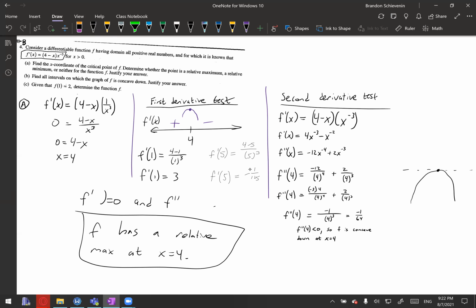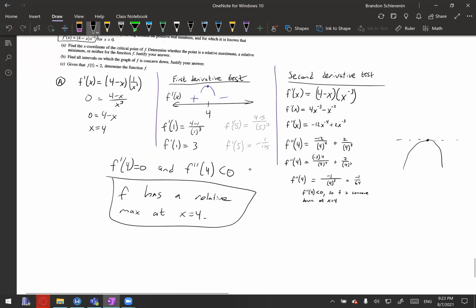F prime at x value 4 is 0, f double prime at 4 is negative. That's enough justification. Okay. Part B.